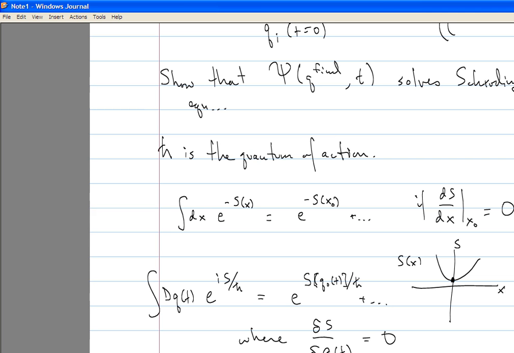The problem, of course, being that we don't know how to define an integral over a space of functions. If you thought that defining a derivative with respect to a function was hard, you ain't seen nothing, because defining the integral over a space of functions is something that does not exist except in very, very carefully prescribed circumstances.